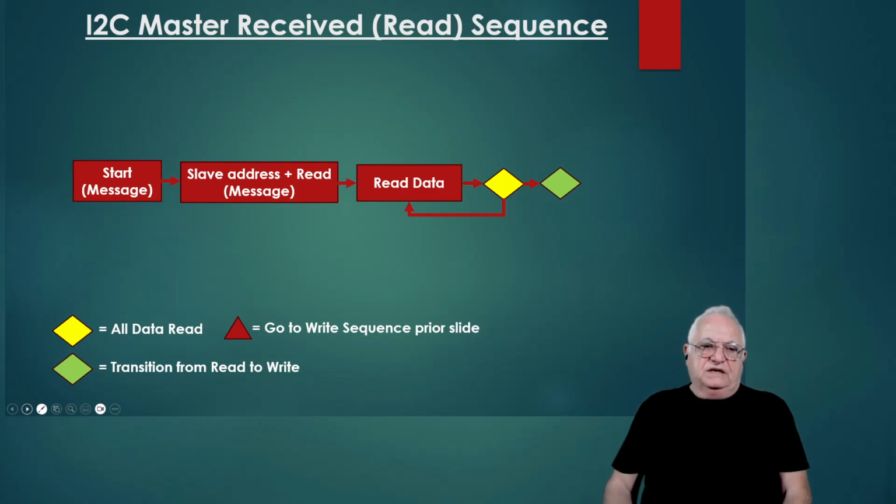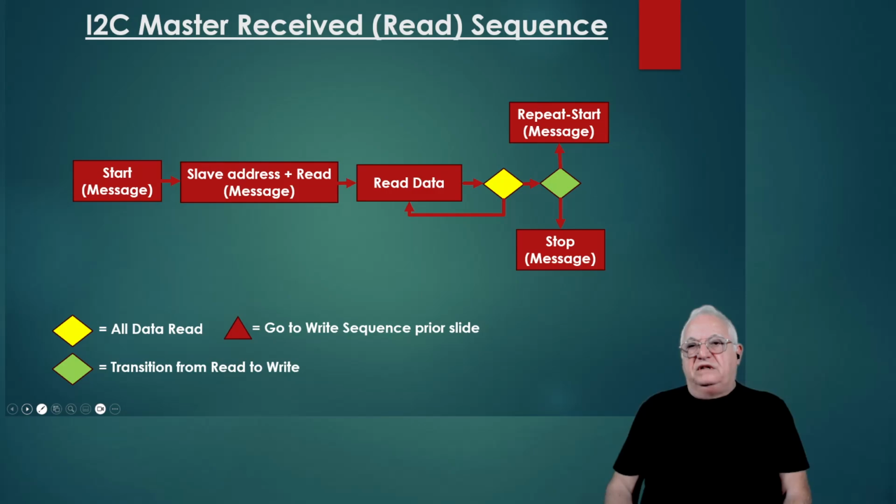Next, the master has to decide whether it wants to transition to a write sequence or stop. If it decides that it's done, then it sends what's called a stop message, which basically is releasing the bus. Now, if it decides that it wants to transition to write, then it sends a repeat start message. And then we go to the write sequence as before.